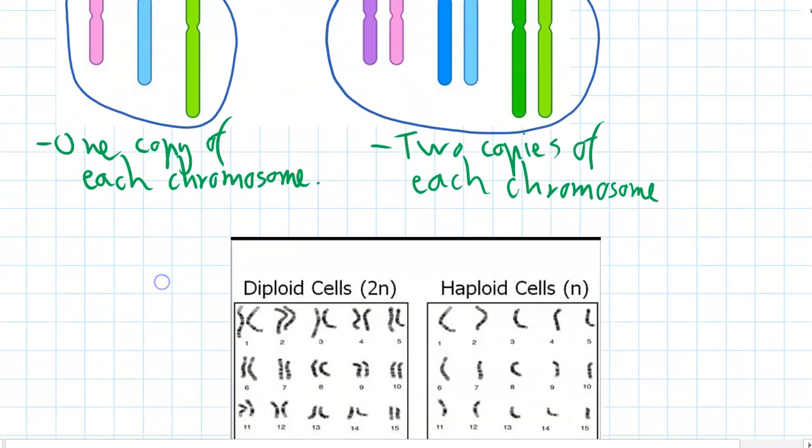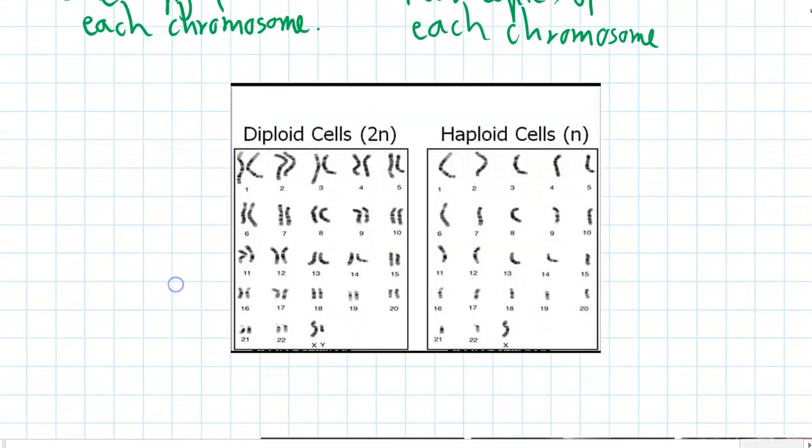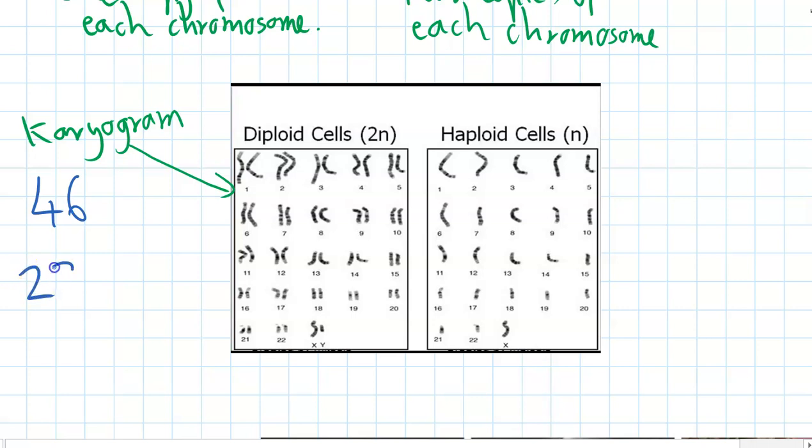So in the human case, we're used to seeing 2 copies of each chromosome, because here's a karyogram that we'd be pretty familiar with. So remember, for humans, we've got 46 chromosomes in total, but that's because we've got 2 copies of each. So really we want to think of it as 23 chromosomes, but we've got 2 sets.